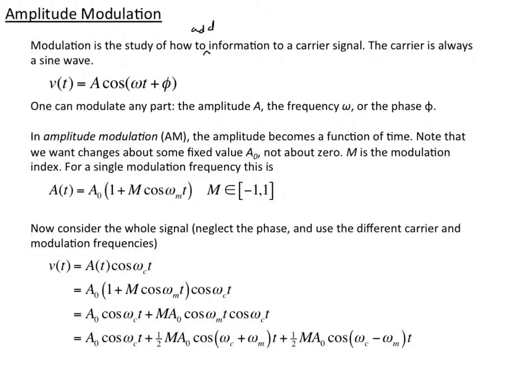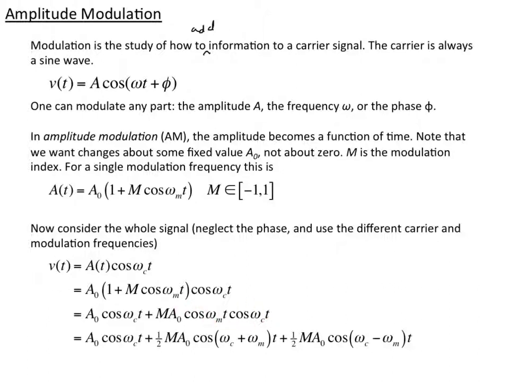So if we plug this modulation signal into A here, we can see what comes out. So here I've plugged it in. Here I've expanded out the thing there, and then we multiply this out. We get A0 times the carrier frequency. That's just the one part here. And then the modulation amplitude times this product of the two cosines.